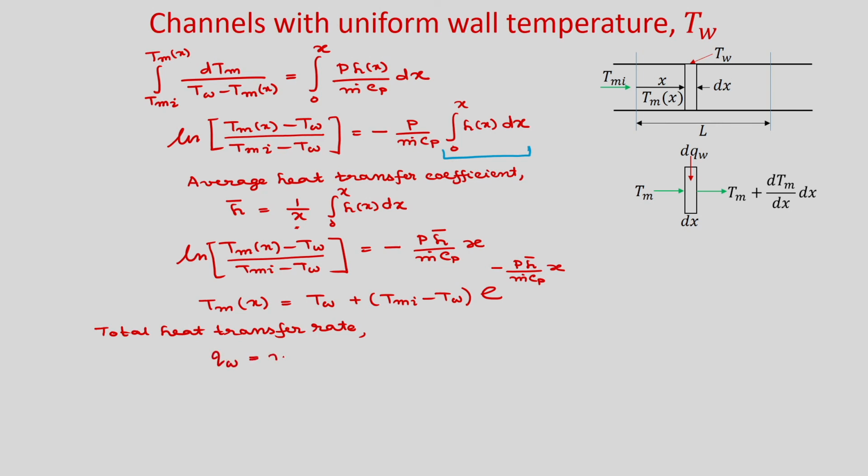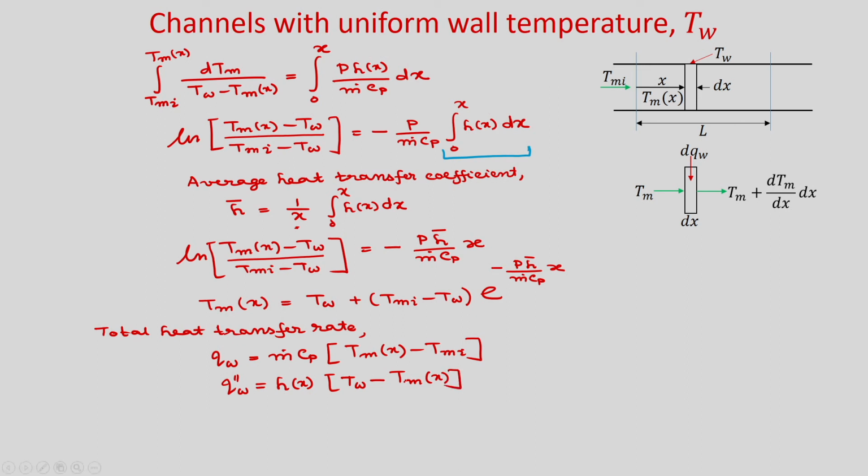We can write m dot Cp into Tm(x) minus Tm,i. And Q double prime w, which is your heat flux, that also we have found as h as a function of x into Tw minus Tm(x).